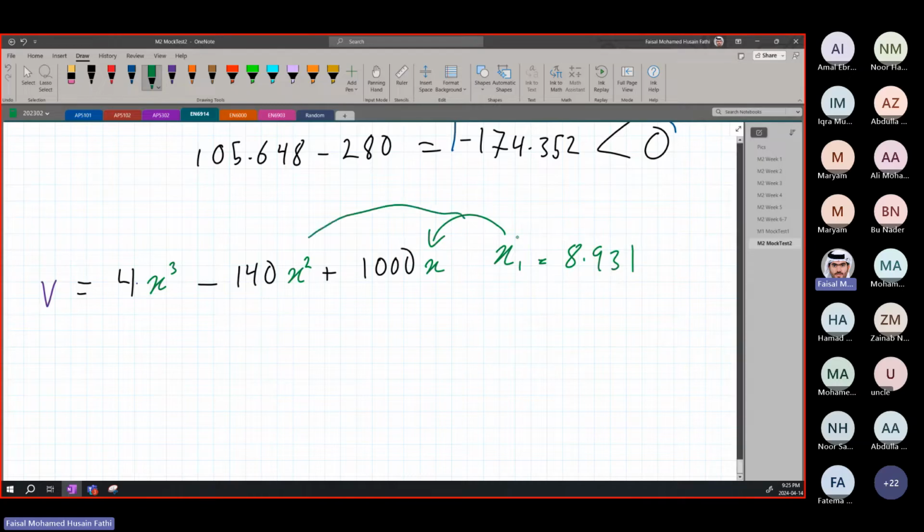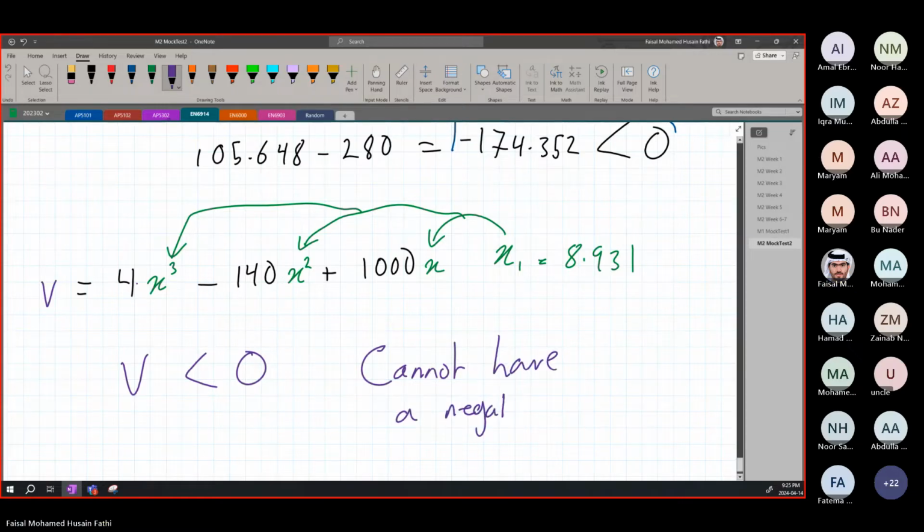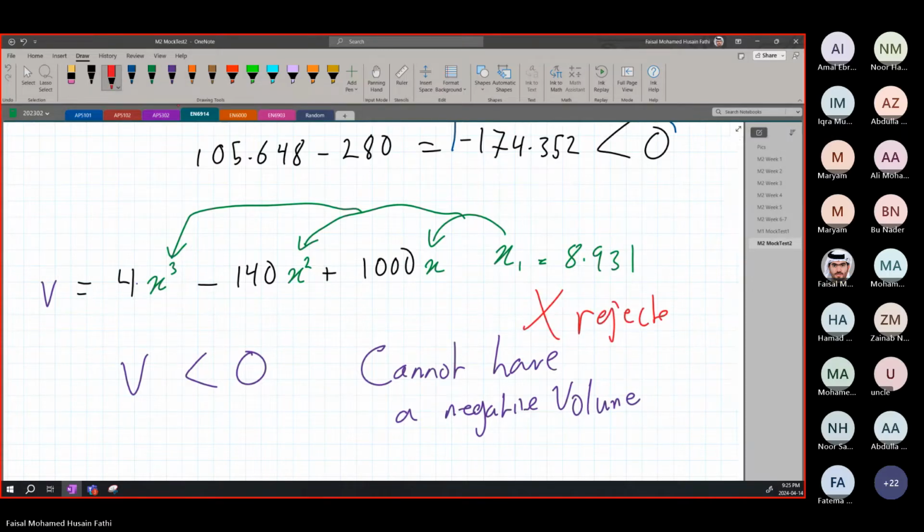If you substitute x1 into all of these values, you're going to notice that your volume is going to be a negative number, and you cannot have a negative volume. This is another reason it will be rejected. Okay?